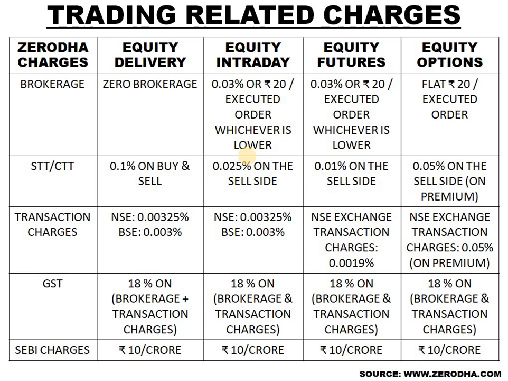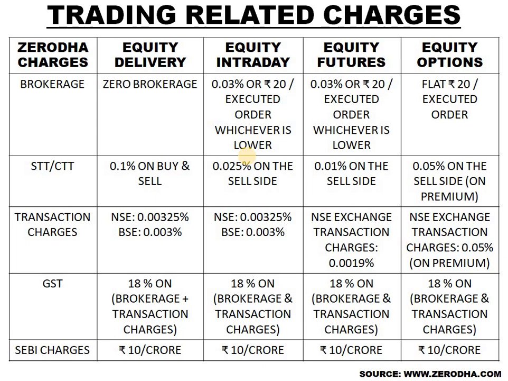The first one to discuss is related to brokerage, wherein whatever is being charged here, the complete amount goes to the broking firm. In our case, it's none other than Zerodha itself. After that comes STT or CTT.